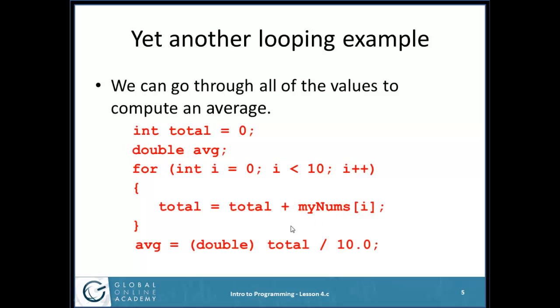And then I can figure out my average. Average equals the total divided by 10. Notice that I cast total as a double so that I don't have to worry about integer arithmetic. Total in its double version divided by 10.0, which is a double. That's going to give me an answer which is a double. Put it in the variable avg.